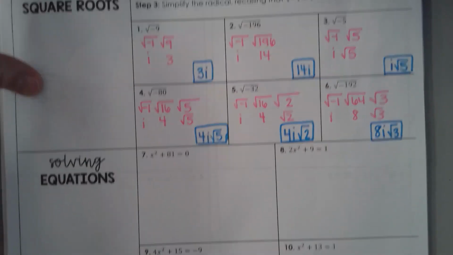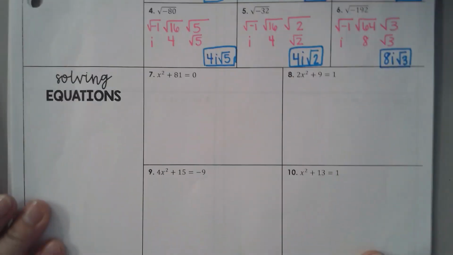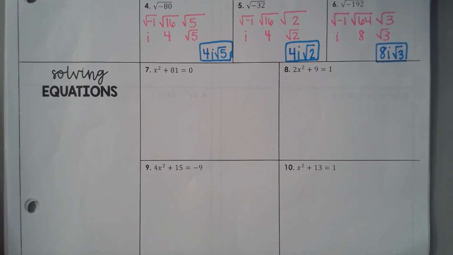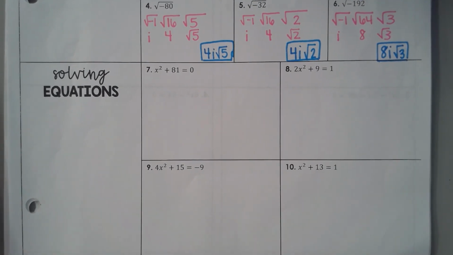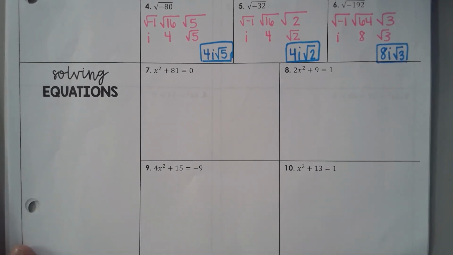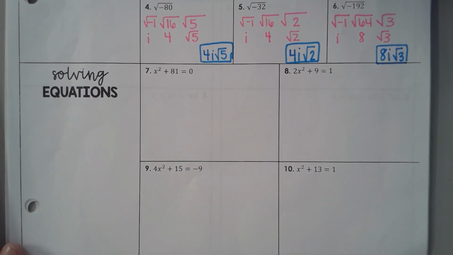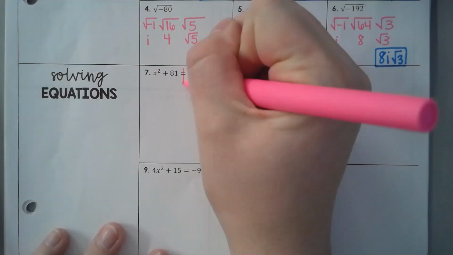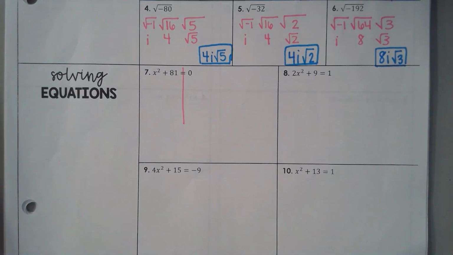Now these next 4, we're going to be solving the quadratics, which means we're actually finding the x-intercepts, which means we do need to put the plus or minus in the front, and we do it just like we did the last lesson. So if I have x squared plus 81 equals 0, what would I do first?